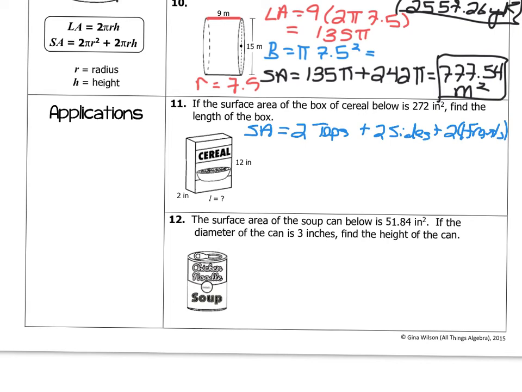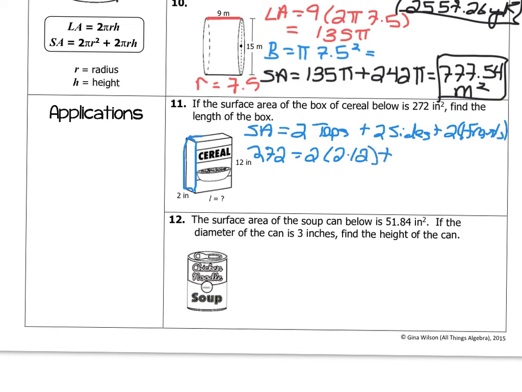Okay, so we know our surface area is 272. So if we do the sides, that would be 2 times 12. So 2, that's these sides right here. 2 times 12 plus, that took care of those.